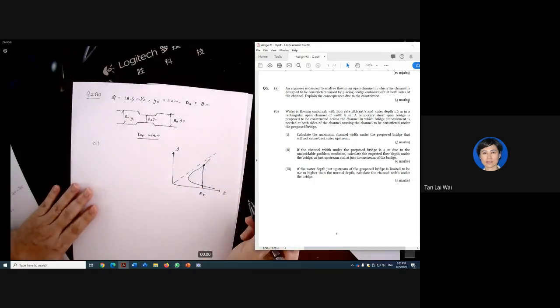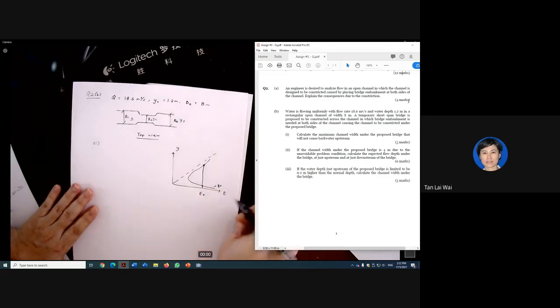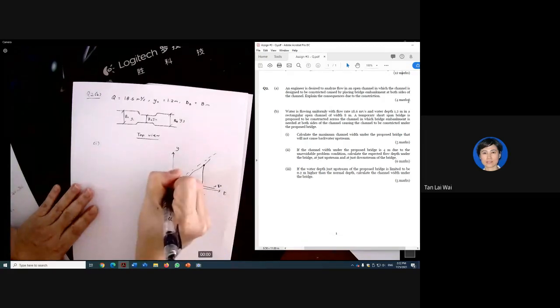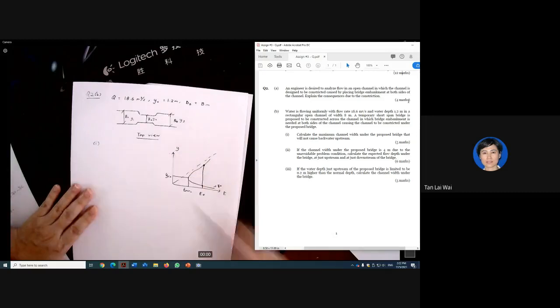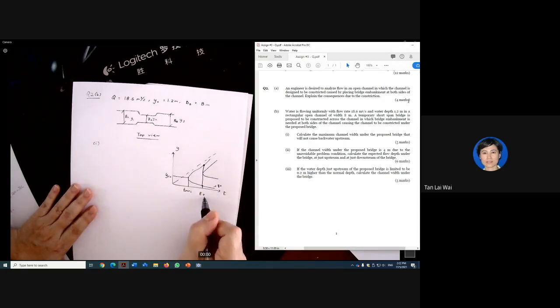Now for case 2, when B2 is equal to B max, I know this is my Q naught, and this would give me E min naught and YC naught. For case 2, when my Q changes, my E min actually will fall onto E naught.